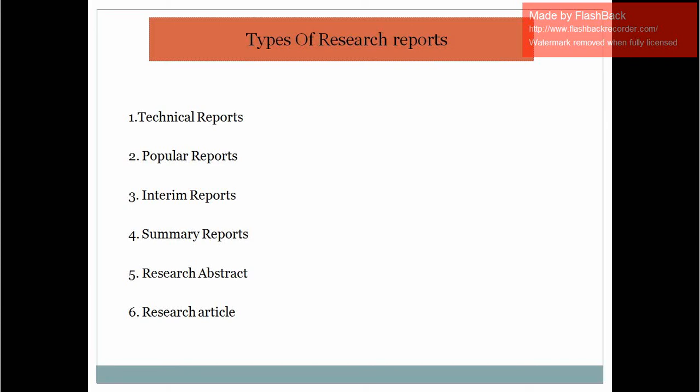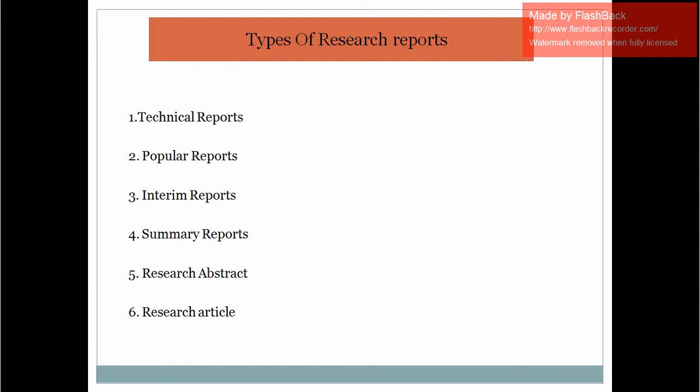Next one is the summary report. A summary report is generally prepared for the consumption of a lay audience. An example would be a newspaper, where the general public are interested. The next type of report is the research abstract. This is a short summary of the technical report.